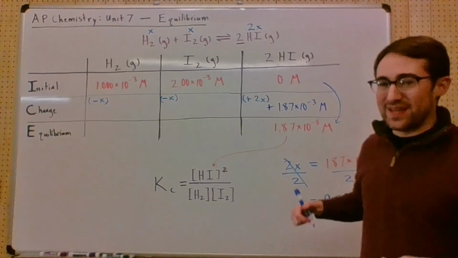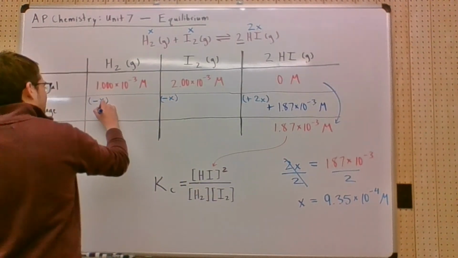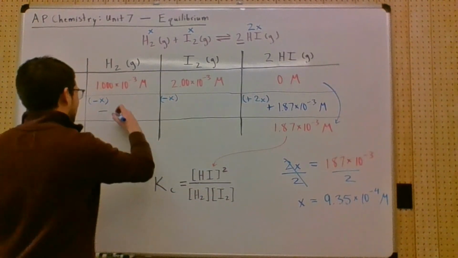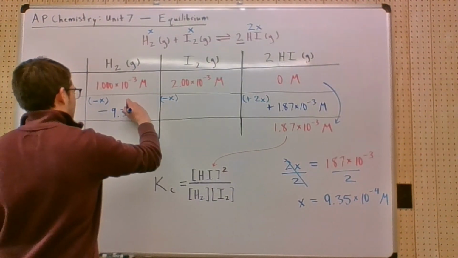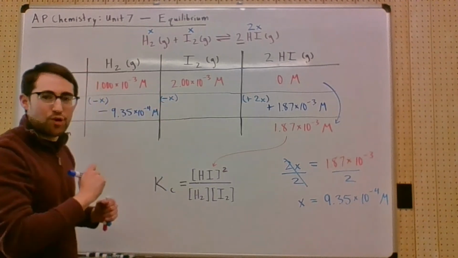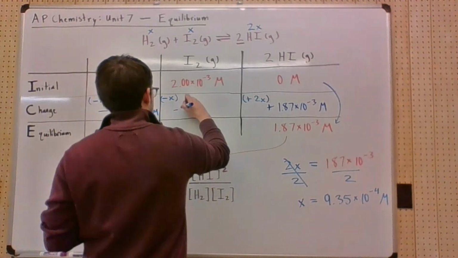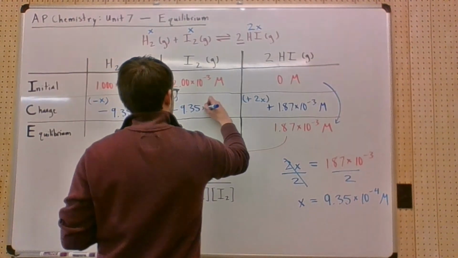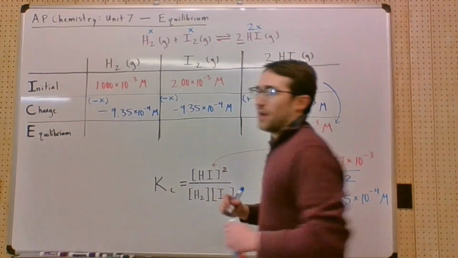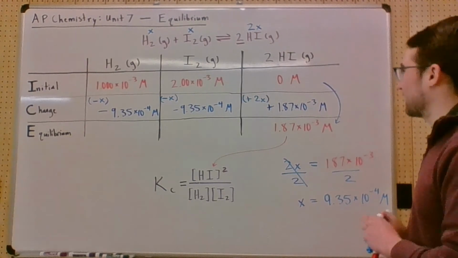And minus x means minus 9.35 times 10 to the negative 4 molar. Okay, we're almost there.